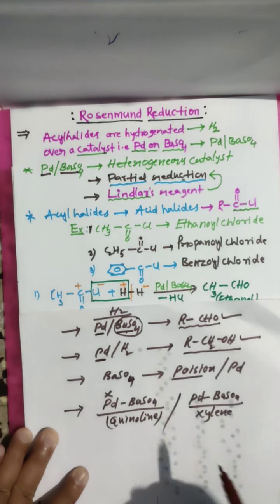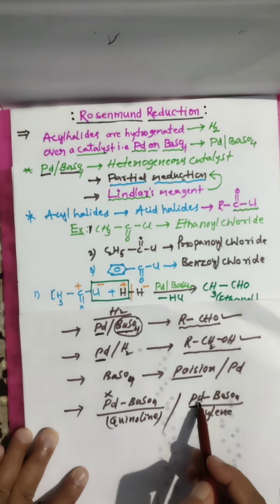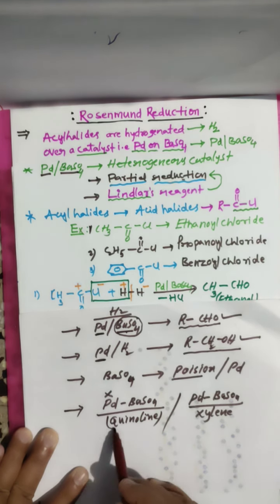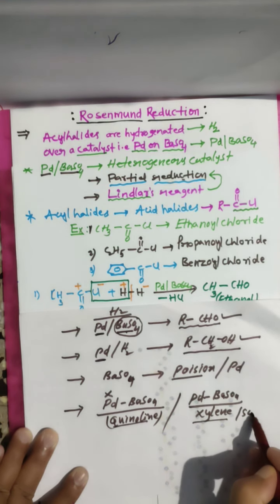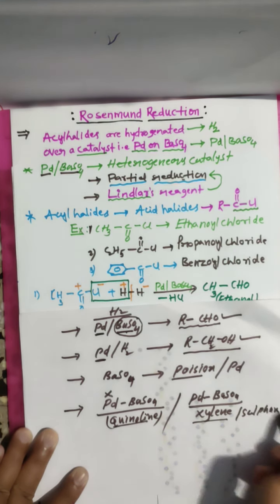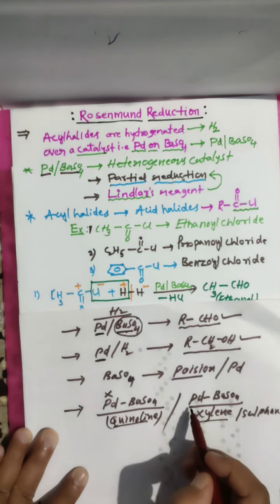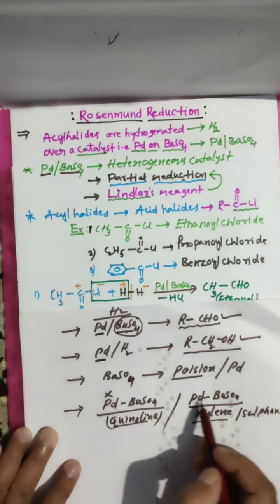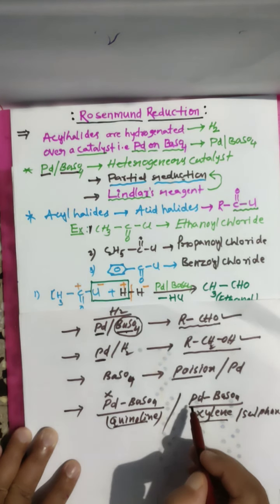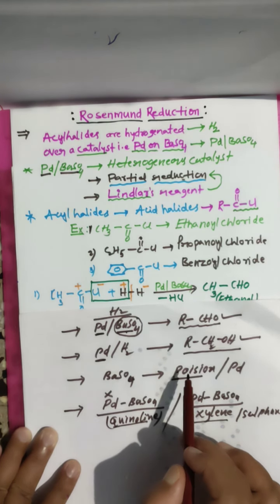This also will poison the palladium. So quinoline given, xylene given, and sometimes sulfur also. These all poison the palladium catalyst. That's why the catalytic reactivity will reduce and partial reduction will take place.